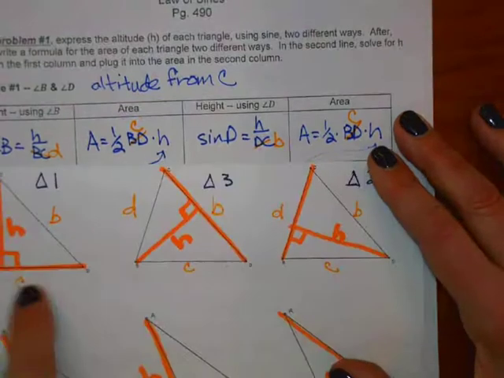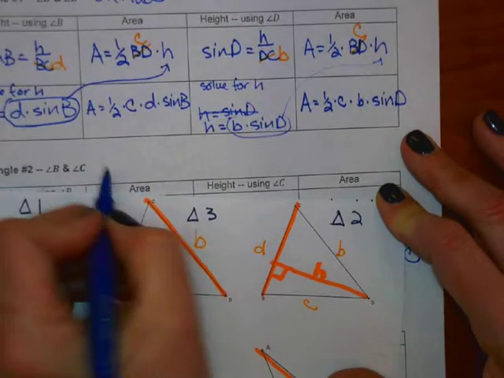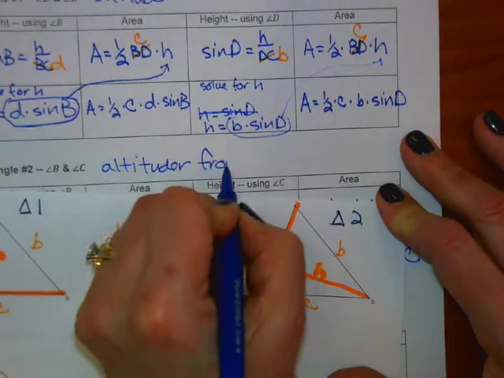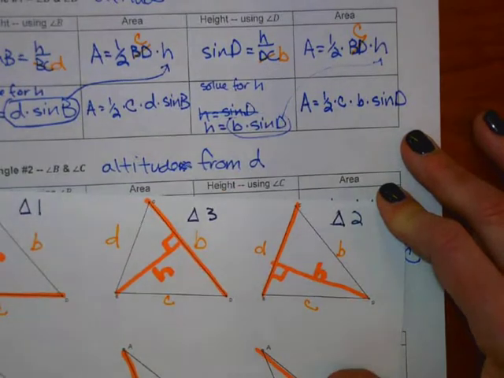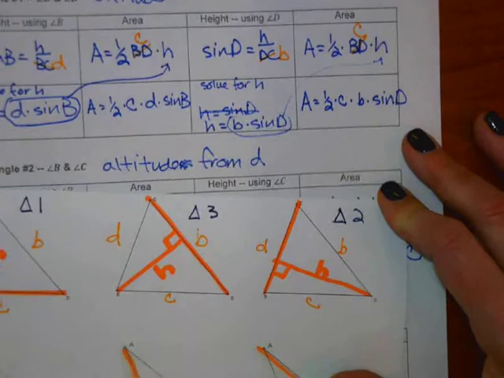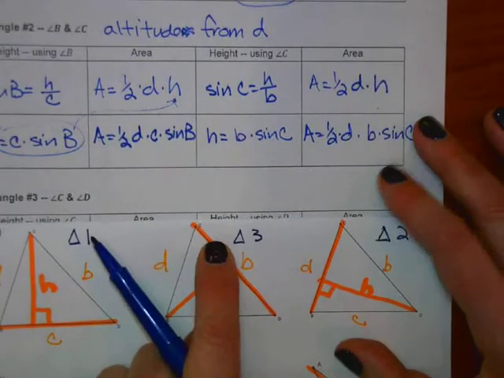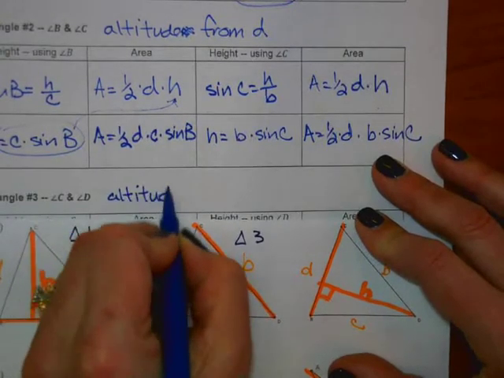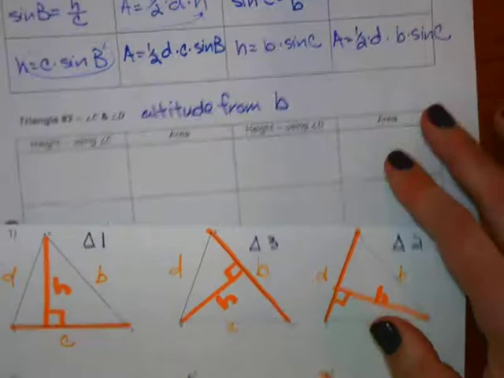See, this was the altitude from C. This one was the altitude from D. This one is the altitude from where? B. Triangle 3 has an altitude from B. All right, you should be pretty quick at this now.